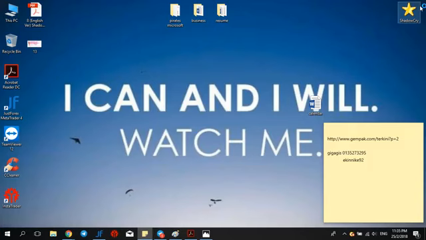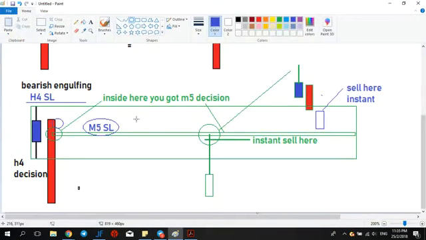This is Windows 10. I think I need to draw a new one. So for example, we have something like this.